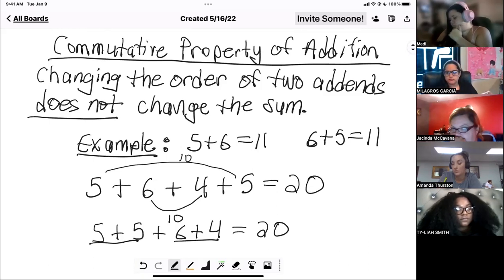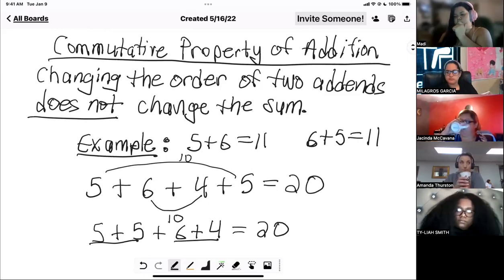So when you have a list of numbers, if you're going out of order, you're using commutative property. Am I going too fast? Are you guys all right? No, ma'am. I was just finishing solving that problem that you had wrote down on the board. Okay, just chime back in when you're done. Yes, ma'am.